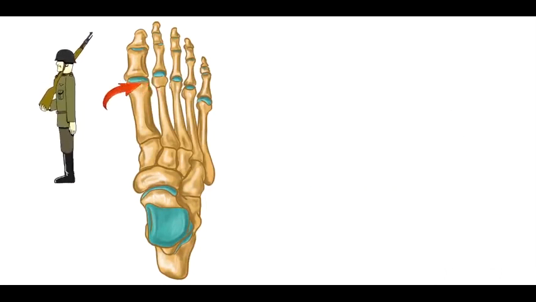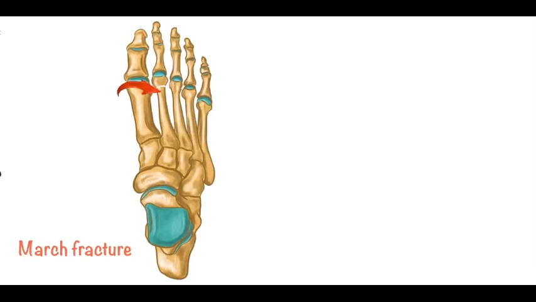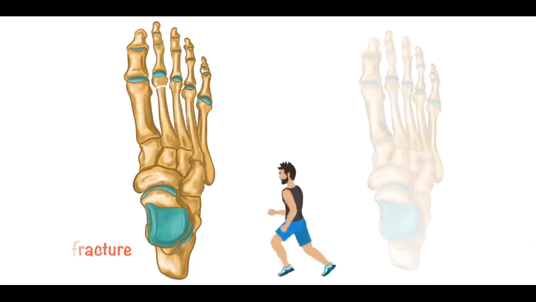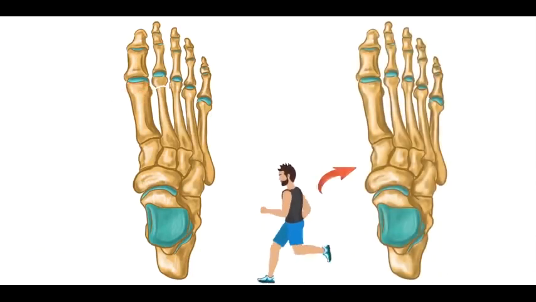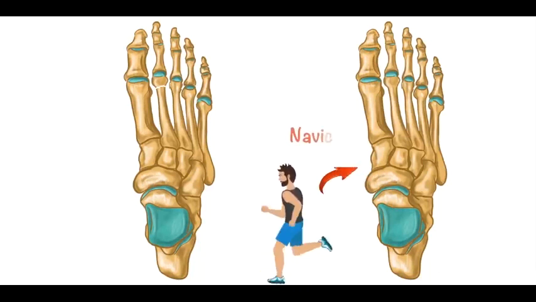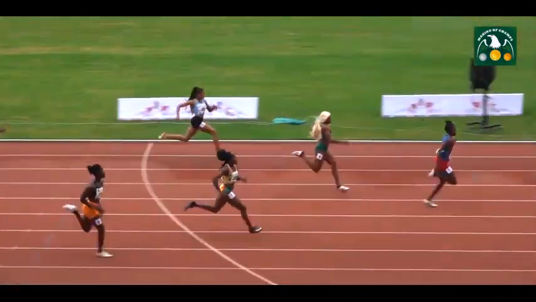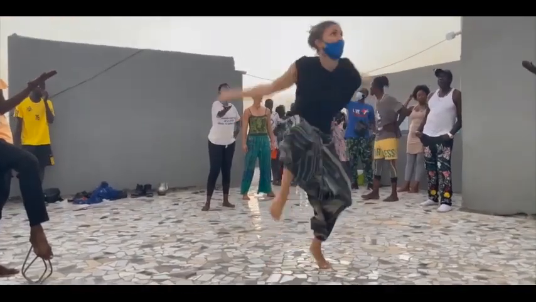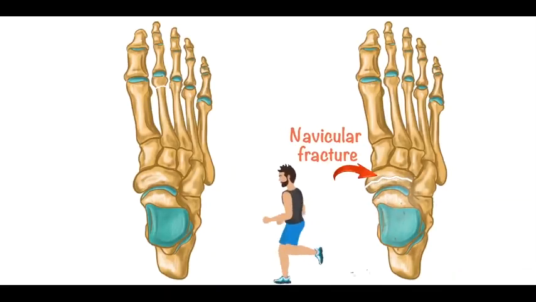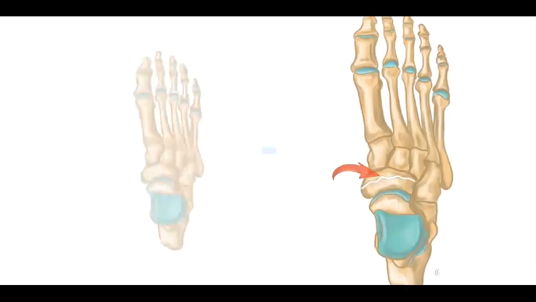A classic example of this could be second metatarsal fracture of army recruits, popularly known as March fracture, and the fracture of the navicular bone among athletes. Stress fractures are typically seen in military personnel, athletes, or dancers. This is due to the increase in intensity of the exercise from the baseline.